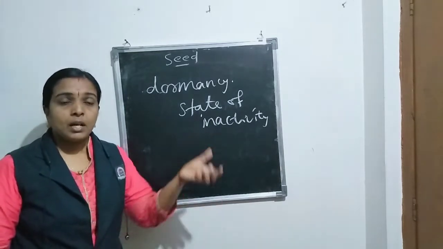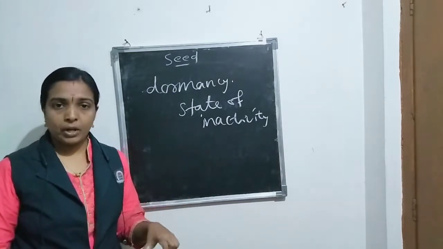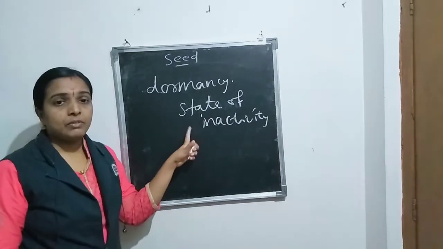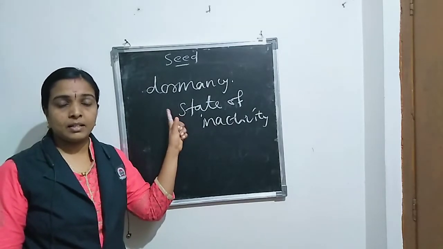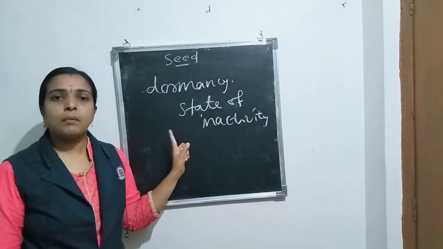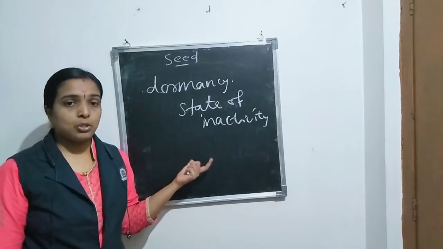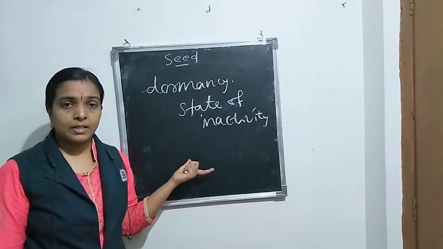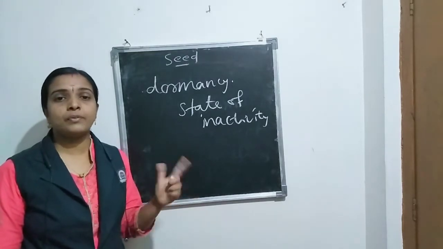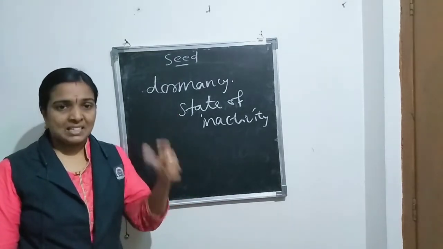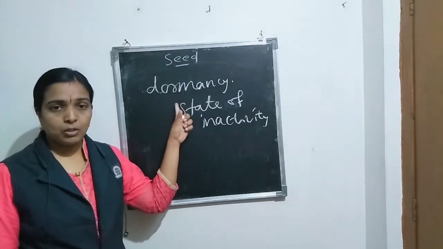During that time, the water content is reduced and the seeds become dry. At the time of dormancy, the seed becomes inactive and the embryo is in a period of rest. All the metabolic activity of the seed becomes passive and slows down. That state is known as seed dormancy.